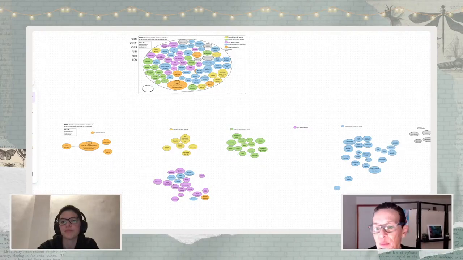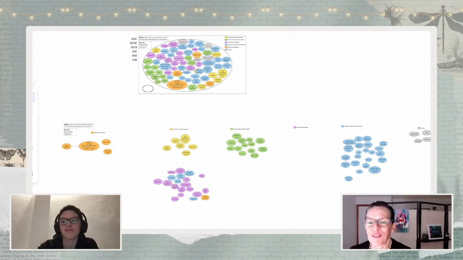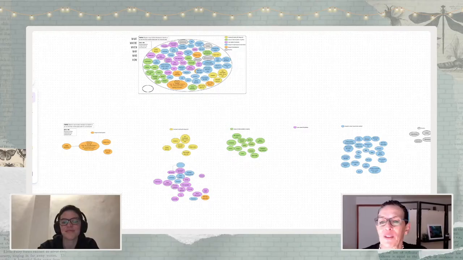Not that it cannot be done here. It can be done in PowerPoint. As I said, when I did this like 20 plus years ago, there was no Miro, there was no Canva, it was just PowerPoint, and they were straight lines.